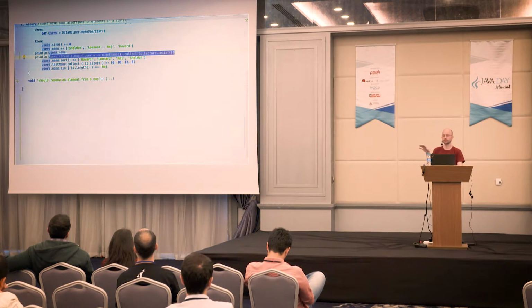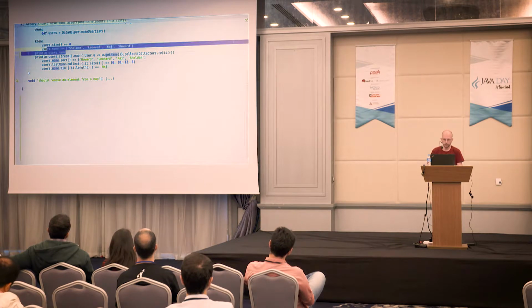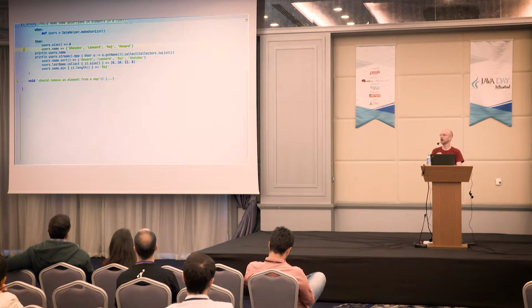And I'm not saying it's not readable, because, well, you stream that list, you extract the names for every user, and finally you create a new list. But I think you will see that this users.name is way more readable and more compact, right? That's one of the great things about using Groovy for test code, because it's more compact, it's not verbose, and you have more helpers to do a lot of things.